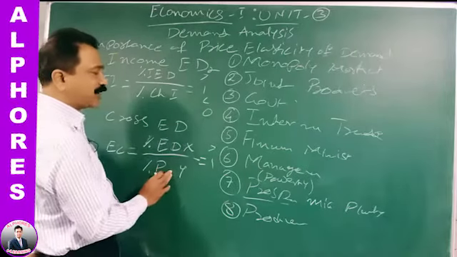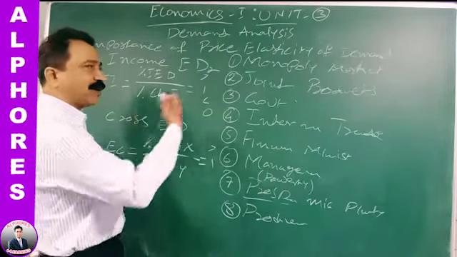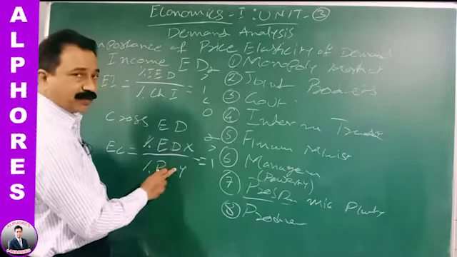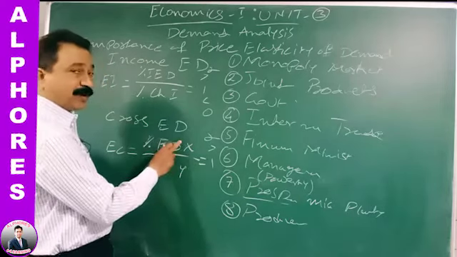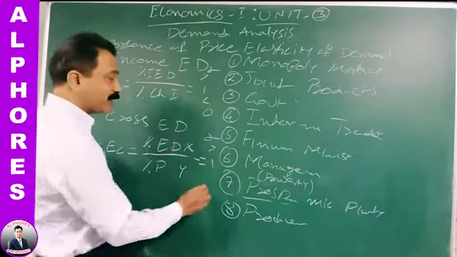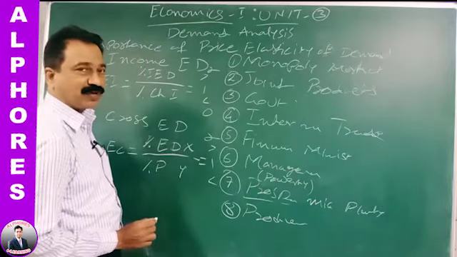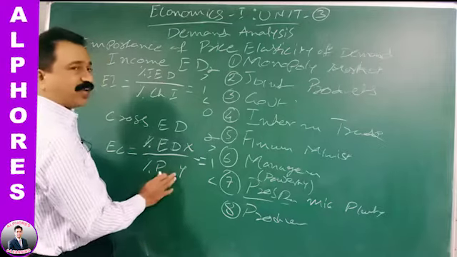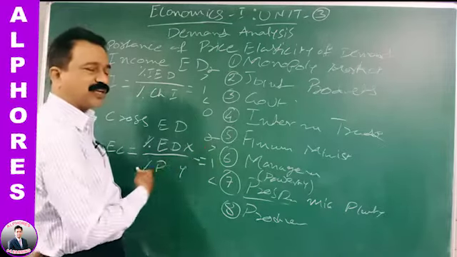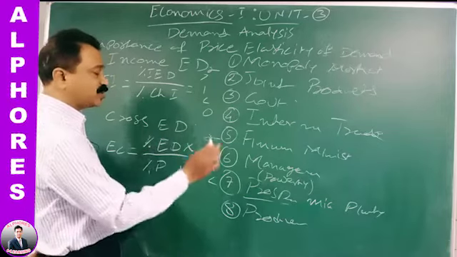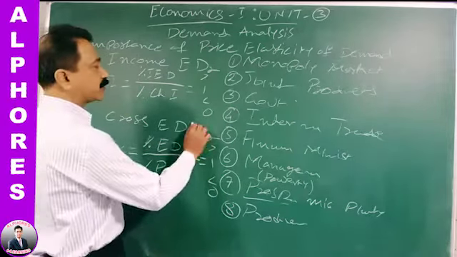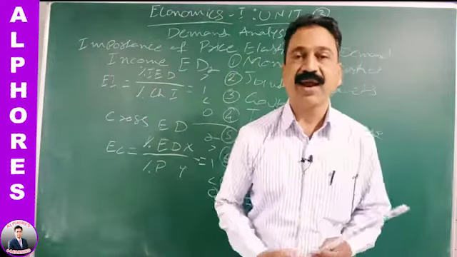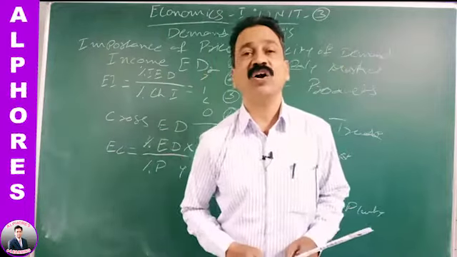If there is no change in price, but the demand of X either increases or decreases, it is infinity. If the change in Y is 10%, but the change in demand of X is only 5%, it is less than 1, relatively inelastic. And if the price of Y changes either way, increased or decreased, but the demand of X is the same, then it is 0. In this way we can see price elasticity, income elasticity and cross elasticity of demand.